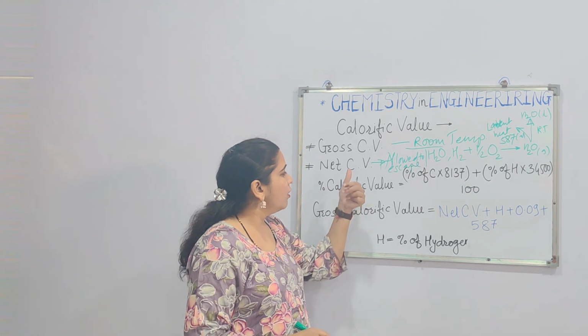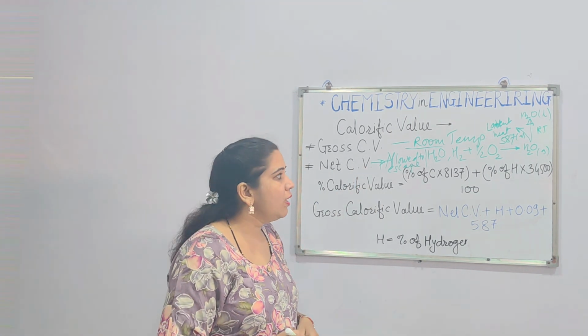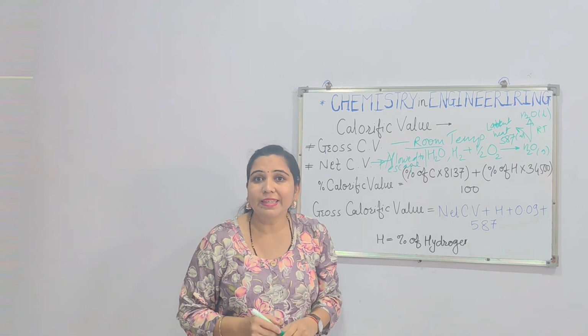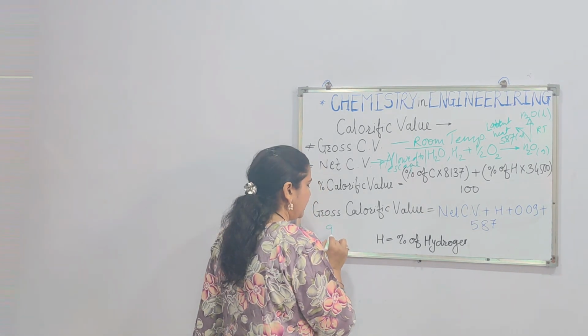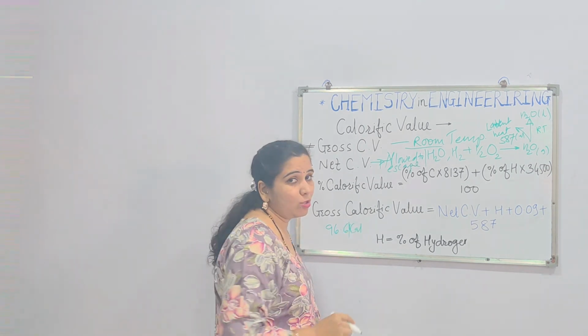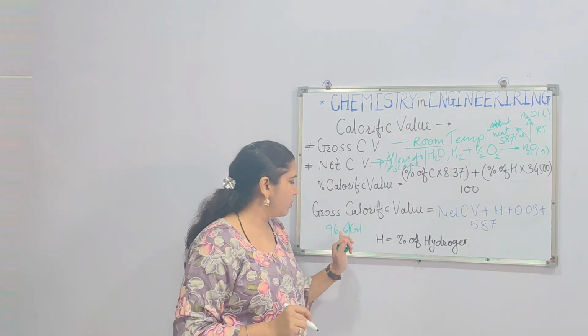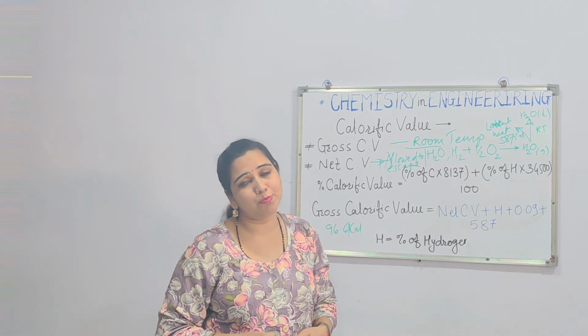Okay, now we will move towards the percentage calorific value. If we see 1 mole of carbon, when it is burnt, about 96.7 kilocalories, not calories, of energy is produced.